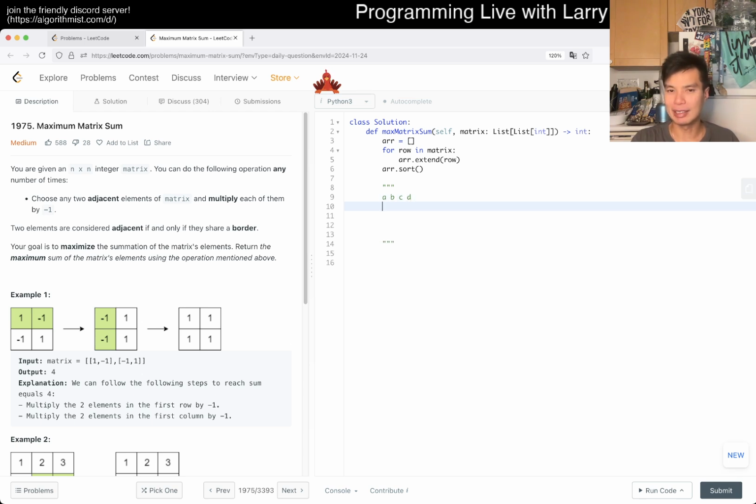A is less than B, is less than C, less than D, right? And D is greater than 0, C is less than 0, right? Then in this case, do you always want to choose A, B? You flip A, B, and then flip C, and then check on C, D?